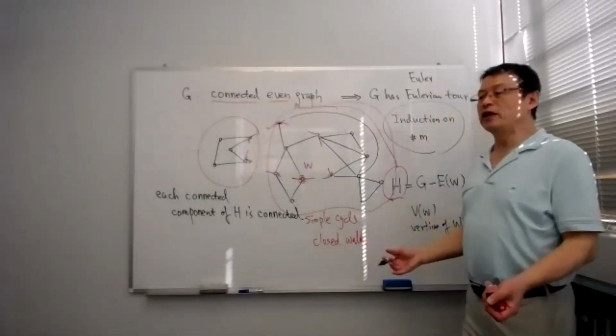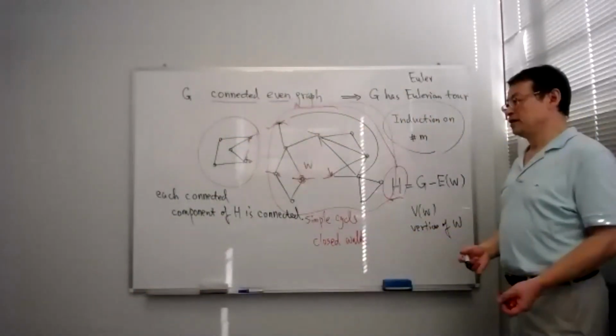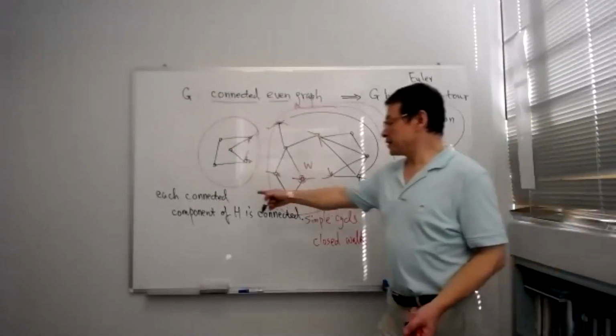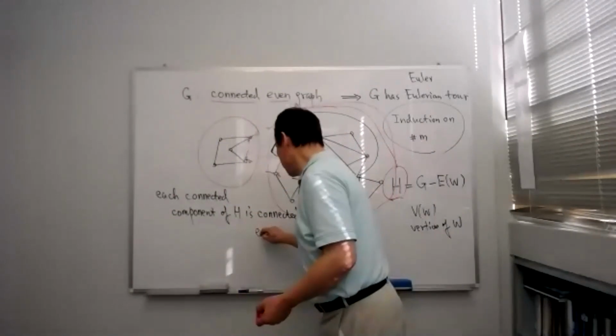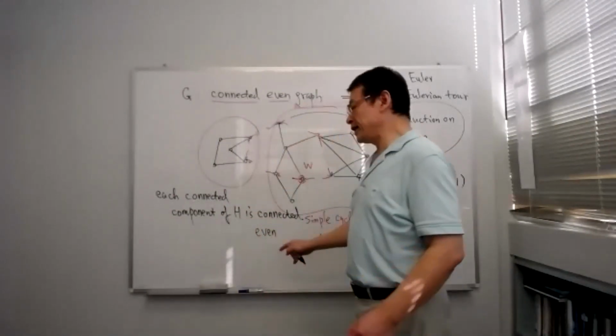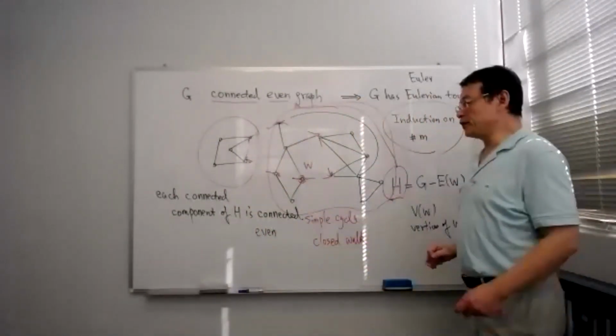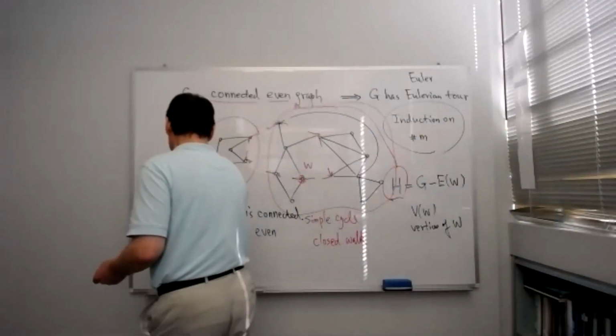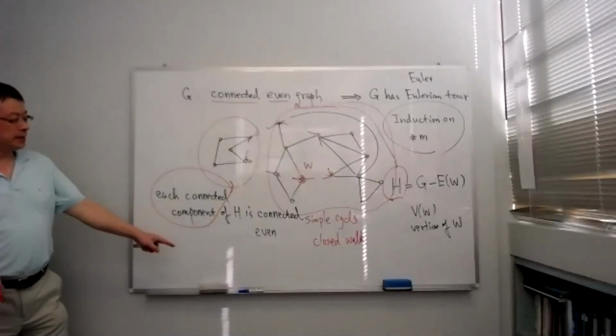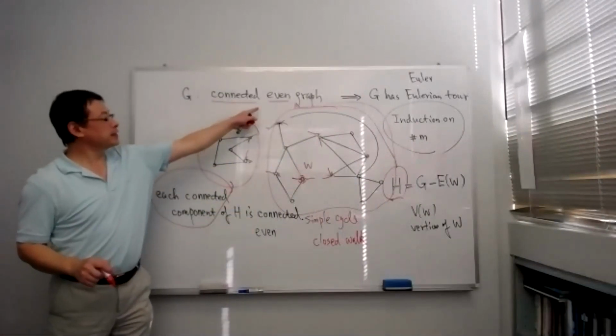Each connected component by definition is connected, and also even. So each connected component is a connected even graph.